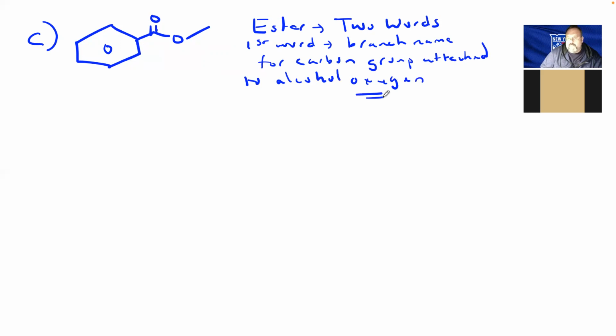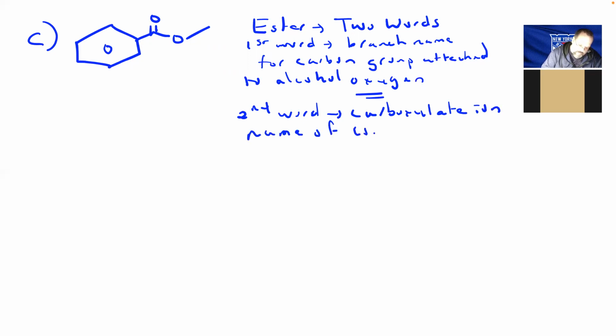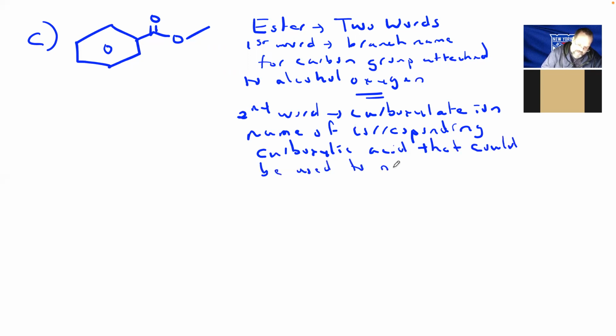Like what? Methyl, ethyl, propyl, isopropyl, the ones that we've sort of seen in this course. The second word is the carboxylate ion name of the corresponding carboxylic acid that could be used to make that ester.